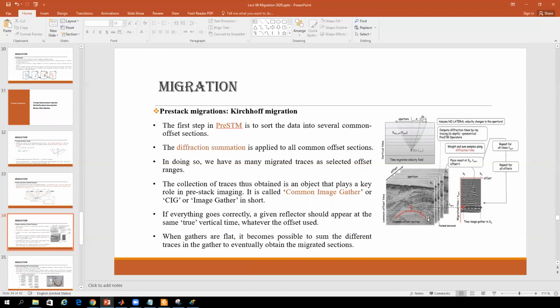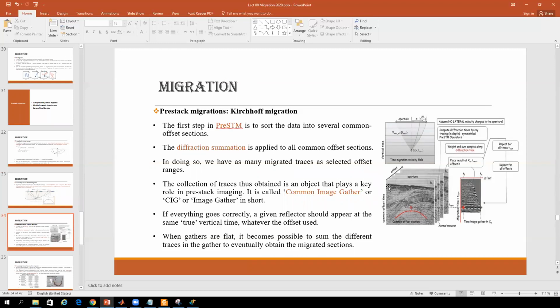We do exactly what we have done in the post-stack, but here we have an offset term, so the shape of the hyperbola will change at every section. Why? Because of the offset. But at the end, our main objective is to bring all the amplitudes which are distributed over this curve to one single point. And lastly, we will have migrated sections.